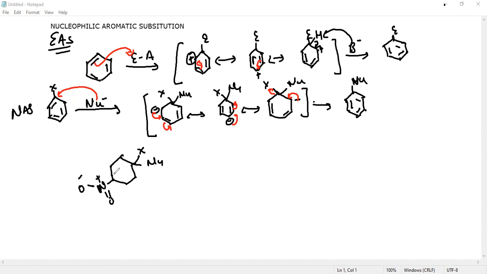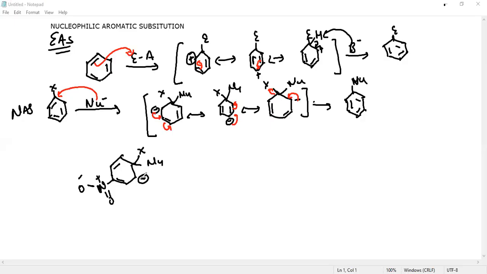What it would do is try to withdraw the electrons towards itself. And we do have this negative charge over here. So this is one of the intermediates which I've drawn for this. Let's say it's the situation over here. Okay, and we have this negative charge.